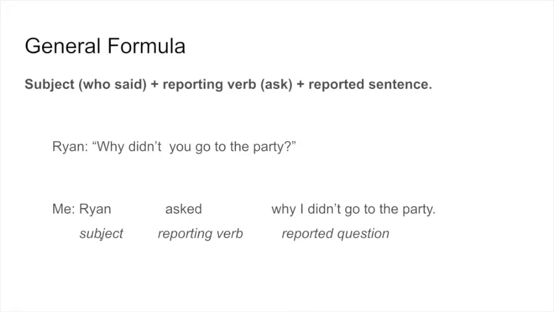So Ryan is the subject, asked is the reporting verb in past, and then the reported sentence, the bulk of the sentence, the words that he said. Okay, so the reported question is why I didn't go to the party.